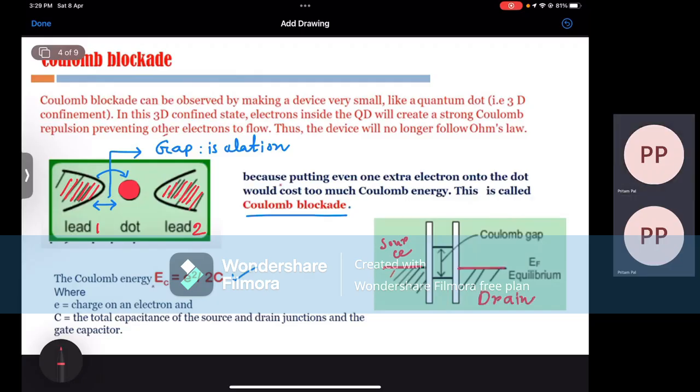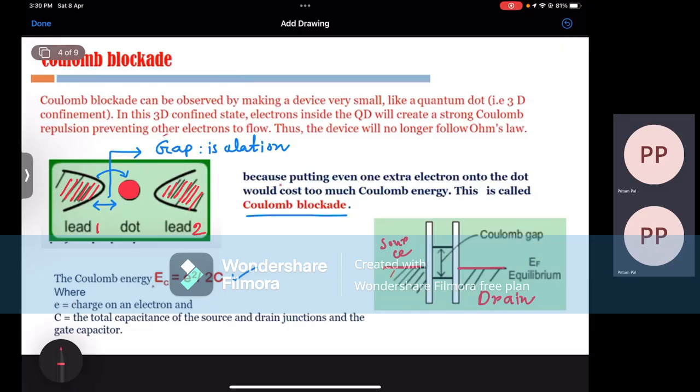The continuous energy states exist here, and because of this quantum dot, because of the strong confinement, quantum effects come into the picture. And the allowed energy states in this dot are discrete, right, in the leads.